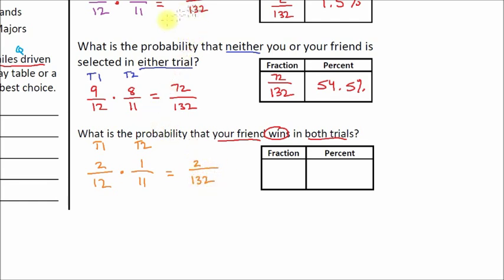Notice it's the same probability in the denominator every time, because if we take 1 ticket out, we're always going to go from 12 to 11. So that's 2 out of 132, which is actually the same thing we figured out in the first question. 2 divided by 132 times 100 is 1.5%.